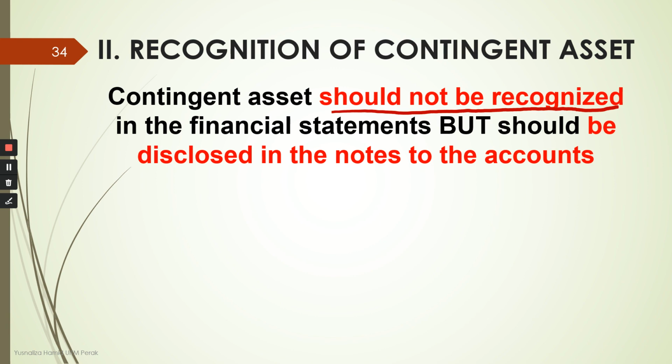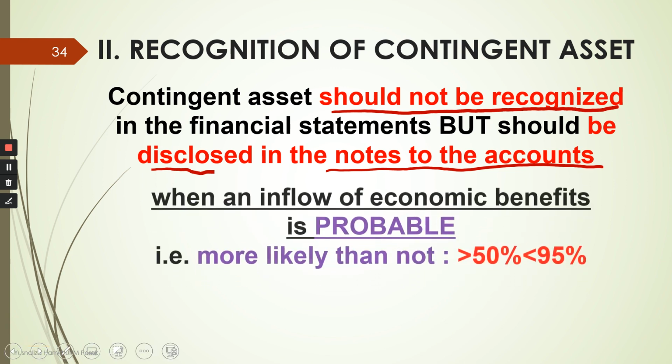It is just like contingent liabilities, where we won't recognize, but now we are going to disclose in the notes to the accounts. Disclose, no journal entry, but put them in the notes to the financial statement.